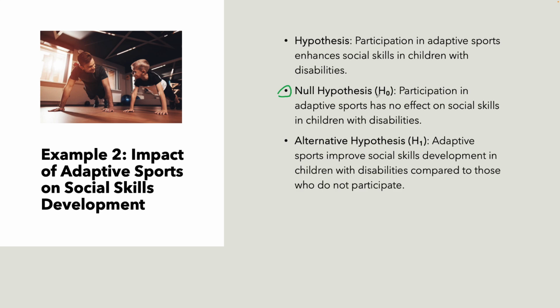This says, nope, it's not going to work. Don't do it. Don't waste your time. And this is the very chipper hypothesis. Yes, this will work. We do believe in you. We believe that participation in adaptive sports will enhance social skills. So again, we're trying to disprove this, and we're trying to thumbs up and prove this.